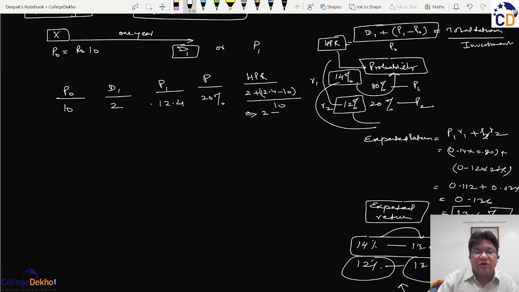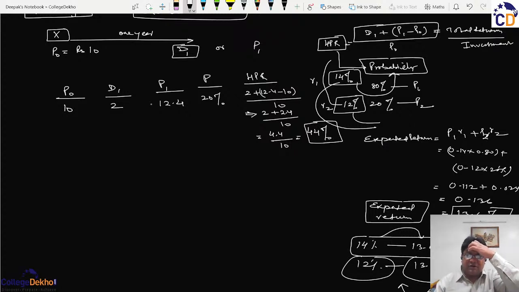So this will be 2 plus 2.4 upon 10, so it will be 4.4 upon 10, and it will justify a return of 44%. Now that is a huge expected return. But this can be scenario 1.